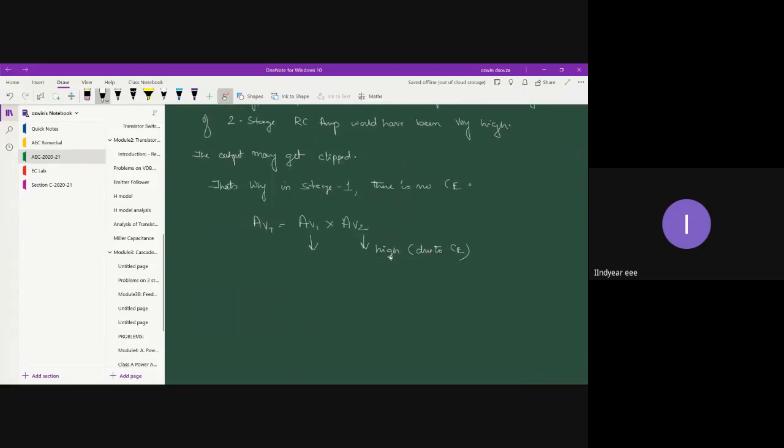That's the reason AV2 will have very high gain due to the presence of CE, and AV1 will have smaller gain without CE. So the overall gain is moderate, because you are multiplying a lower value with a higher value. If these two were bigger numbers, then your AVT would have been in the range of thousands. Now the AVT will be in the range of hundreds.